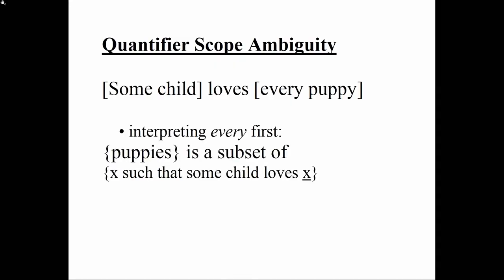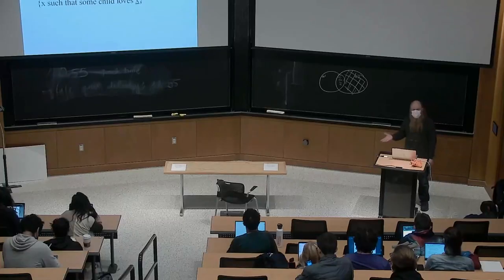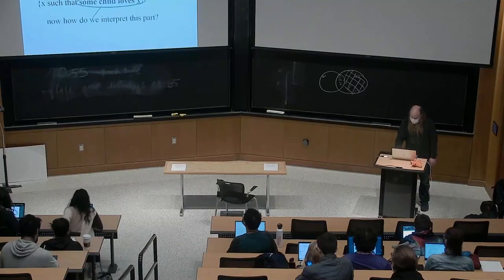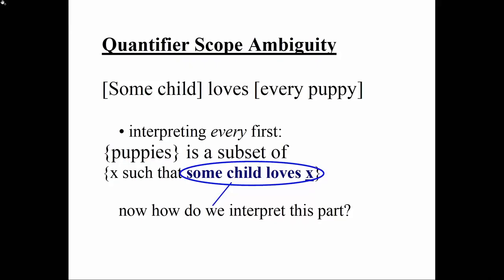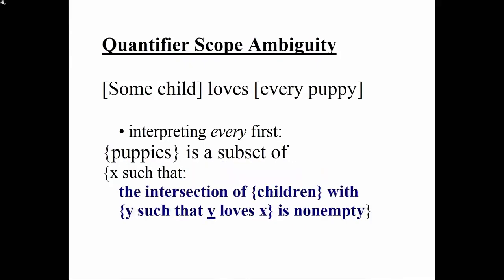So if you interpret "every" first, then you're saying the set of puppies is a subset of the set of things that some child loves. And then if you interpret that part, you're going to say, what's the set of things that some child loves? Well, it's the set such that the intersection of the set of children with the set of things that love them is not empty.